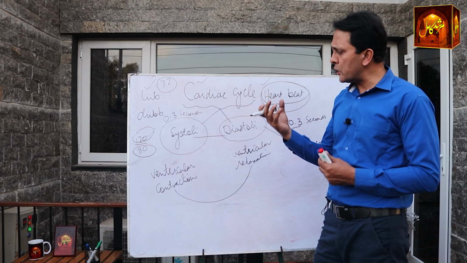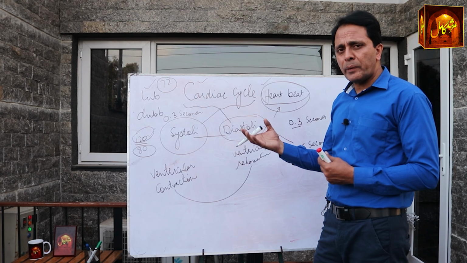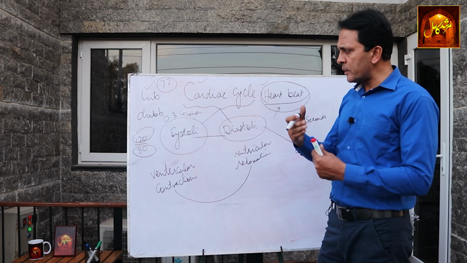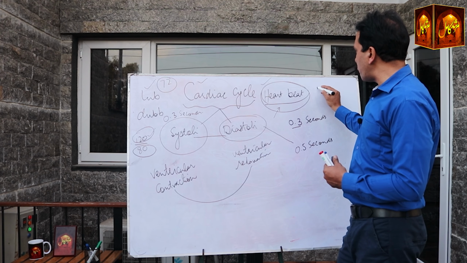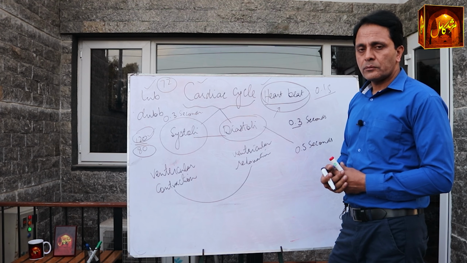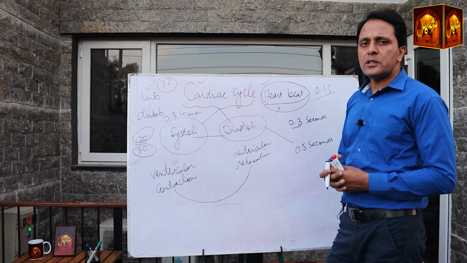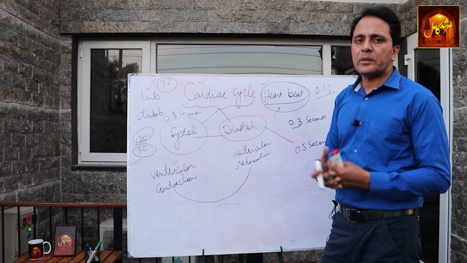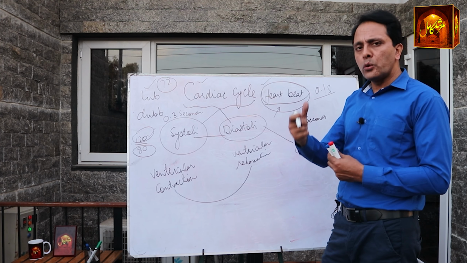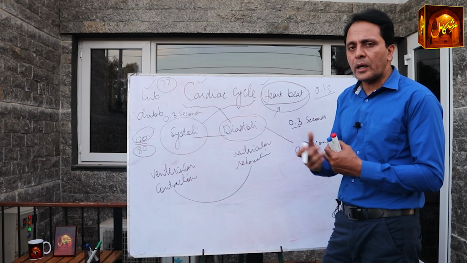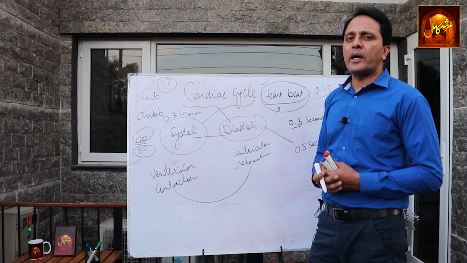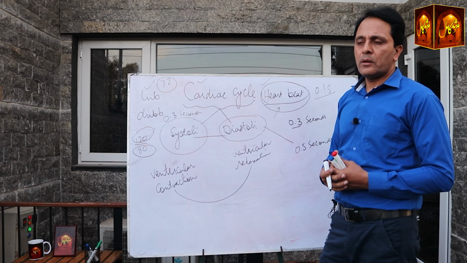First, when the atrium contracts and blood is moved into the ventricles, there is a gap of 0.1 second. All four chambers will not contract at the same time. There should be a gap. And I told you in the previous lecture why there should be a gap, because we have to channelize the flow of blood one way.